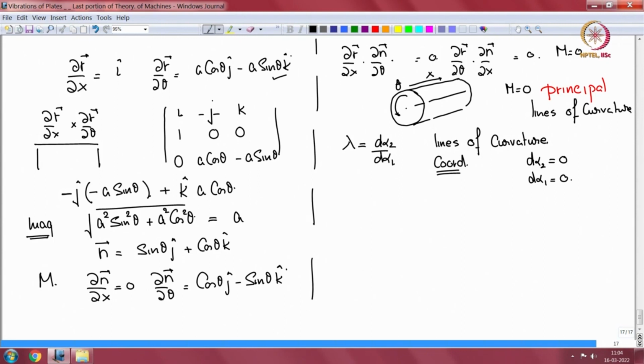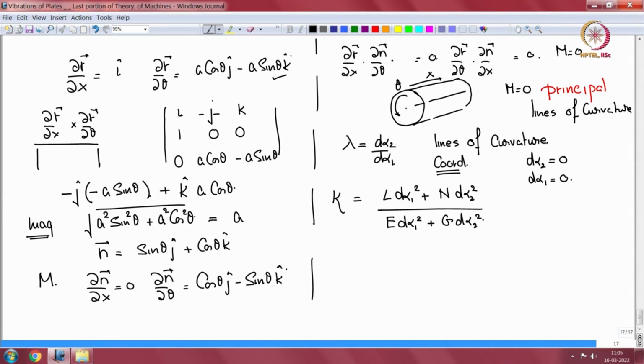In one case if I have i and j, i moves j is constant, j moves i is constant. So then what I have is for my kappa, L d alpha 1 squared plus n d alpha 2 squared by E d alpha 1 squared plus G d alpha 2 squared.